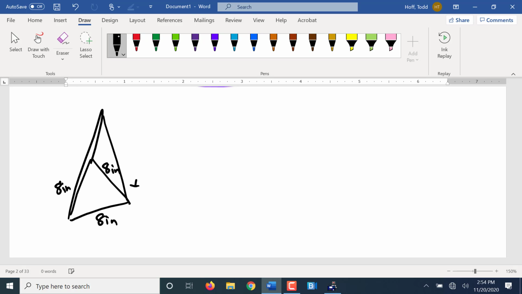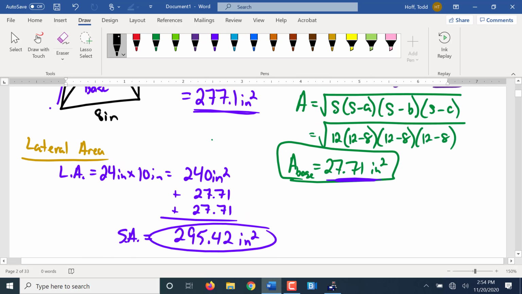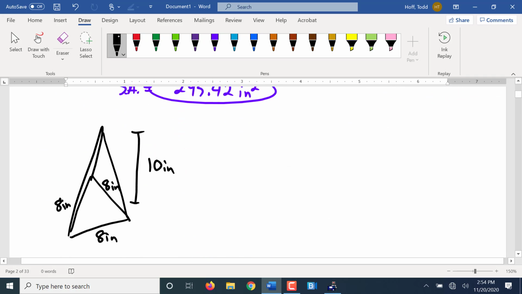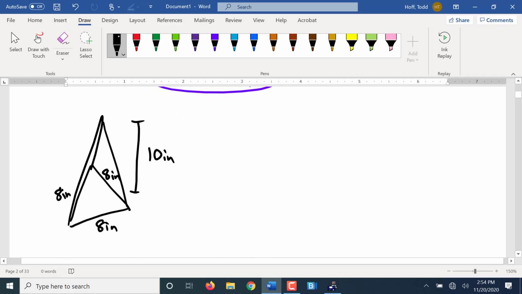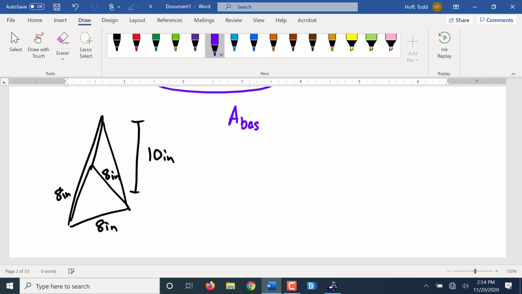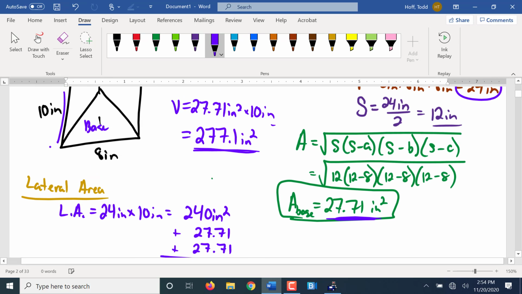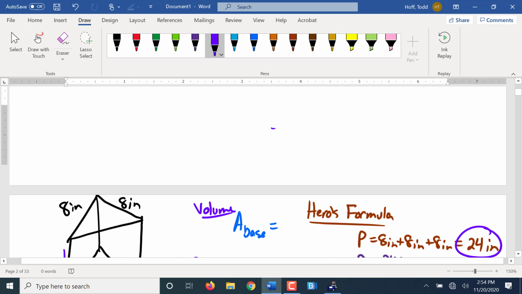The height of this pyramid will be 10 inches. So it's the same figure. It just comes to a point instead of having a base at the top. So the area of my base is still just the 27.71.